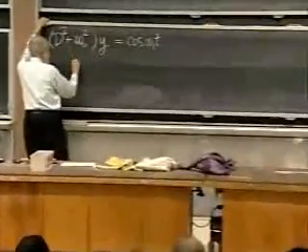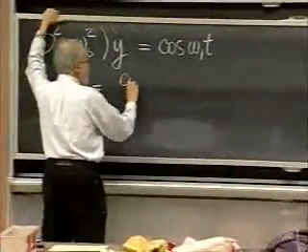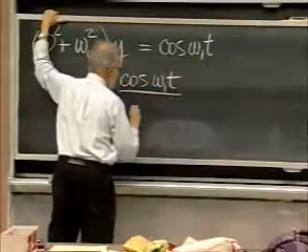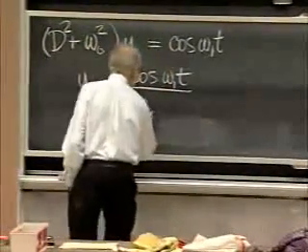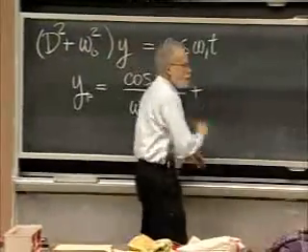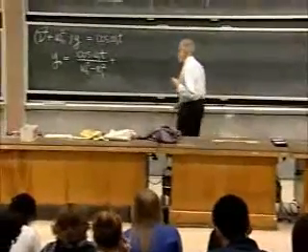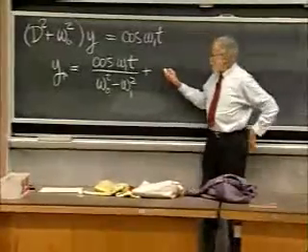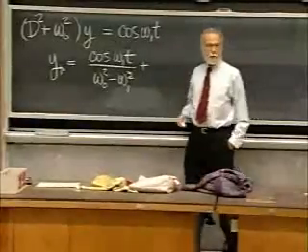Well, in general, any particular solution will look like that one we've found, cosine omega 1t over omega naught squared minus omega 1 squared, plus I'm allowed to add to it any piece of the complementary solution. In other words, equally particular and equally good as a particular solution is this, plus anything which solves the homogeneous equation.